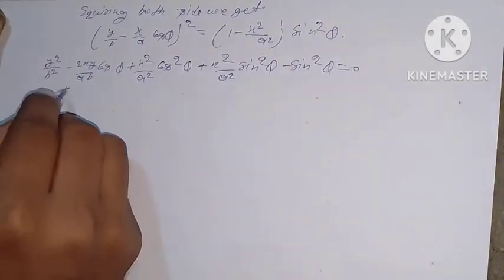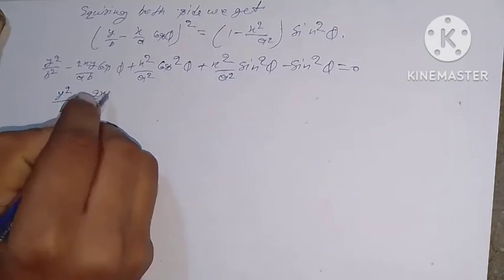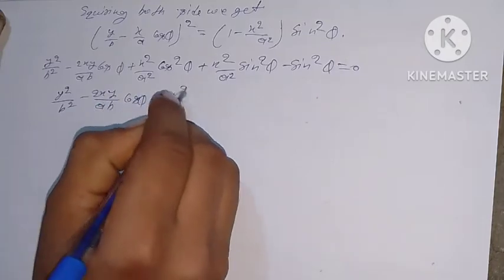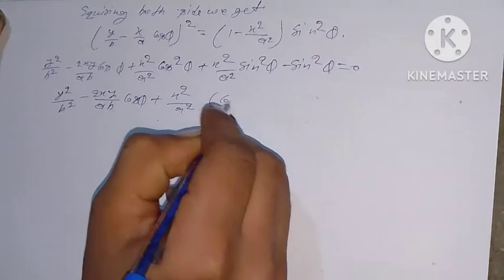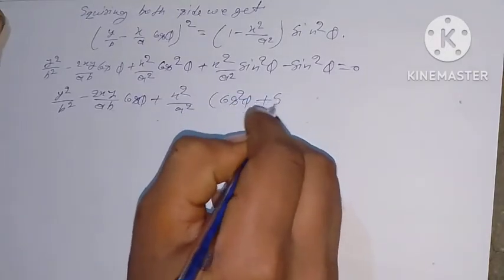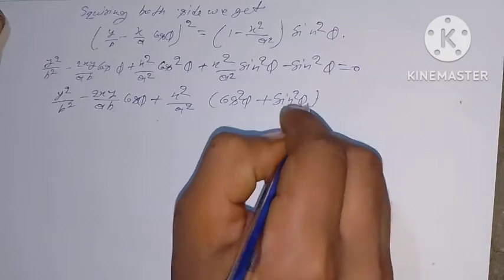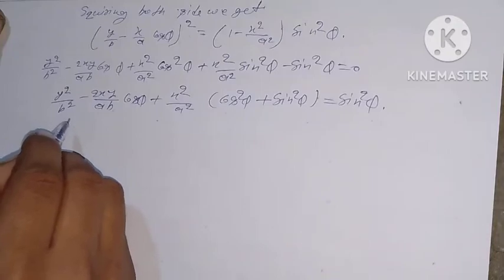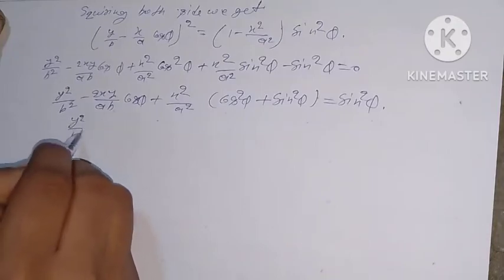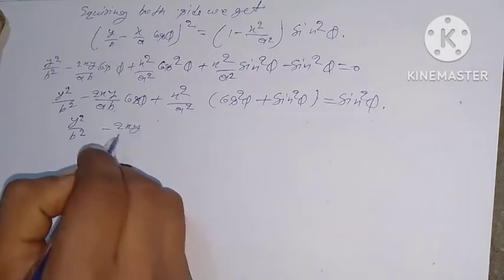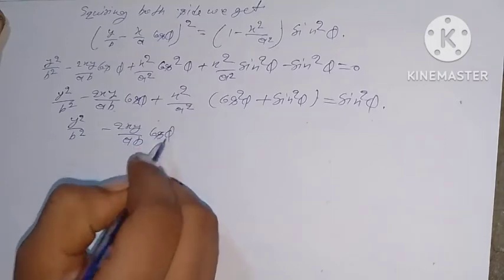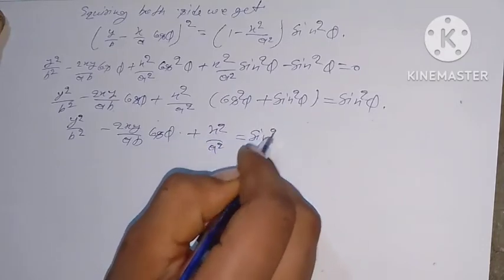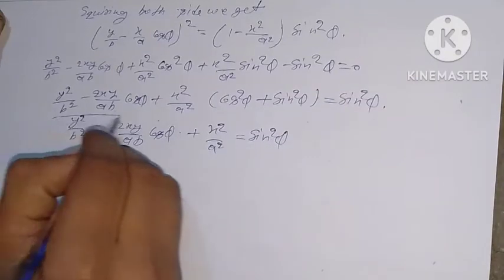Then y square upon b square minus 2xy upon ab cos phi plus x square upon a square (cos square phi plus sin square phi, that is 1) equal to sin square phi.